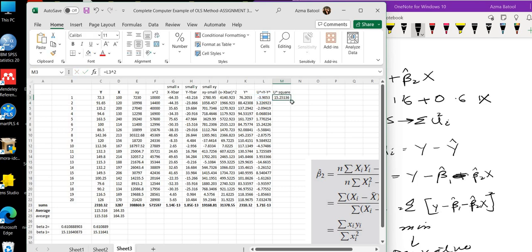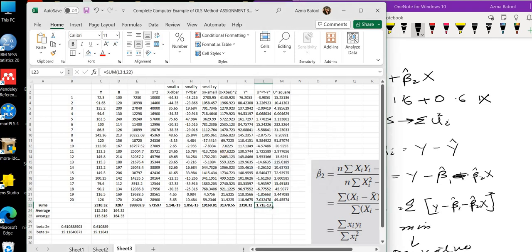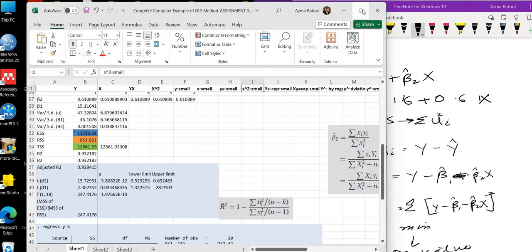Done. Here we go. We also need the sum, so just drag it as well. Here we go, the sum.